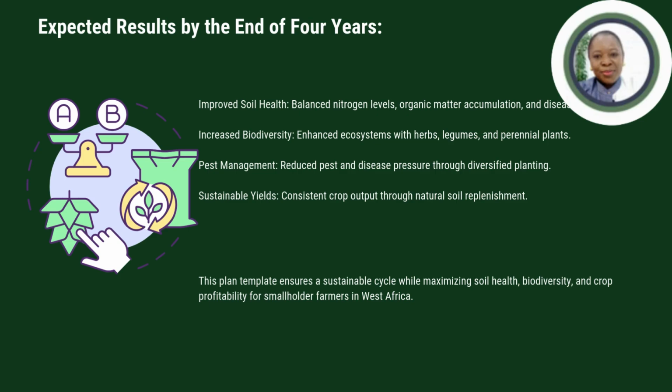For pest management, the plan will help in reducing pest and disease pressure through diversified planting. Lastly, for sustainable yields, consistent crop output through natural soil replenishment can be achieved. This plan template ensures a sustainable cycle while maximizing soil health, biodiversity, and crop profitability for smallholder farmers in West Africa.